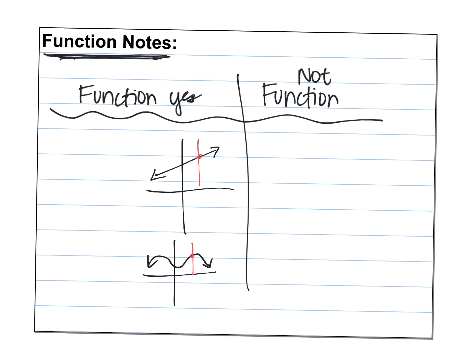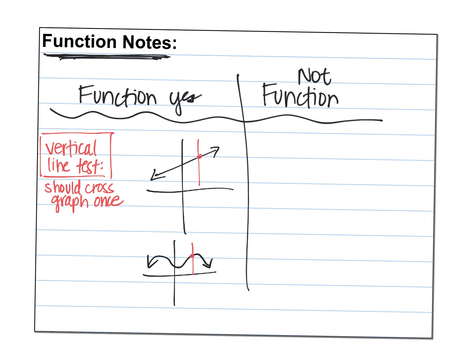To tell if it's a function, you can use the vertical line test. It should cross the graph only once.